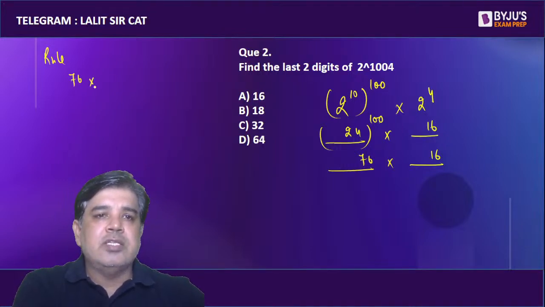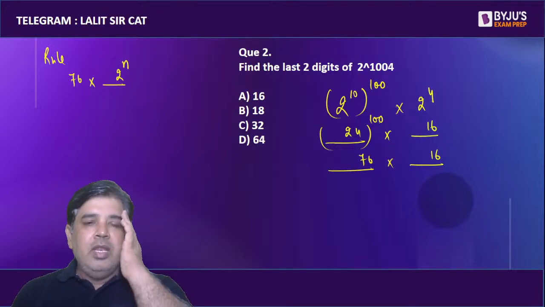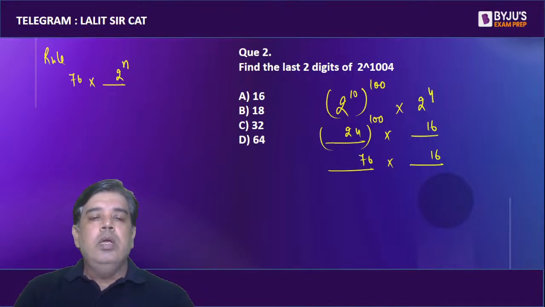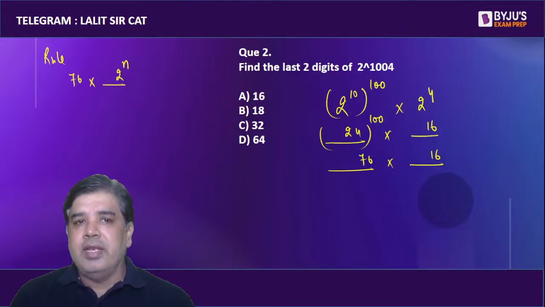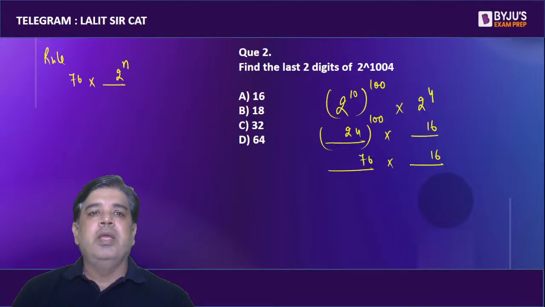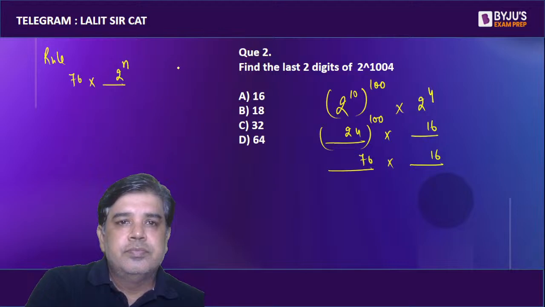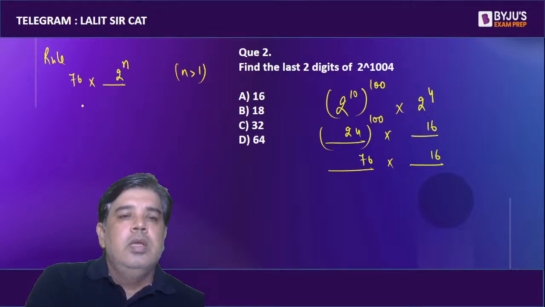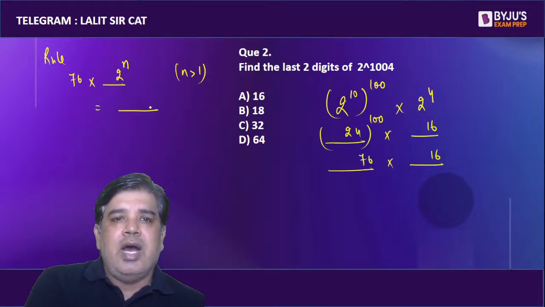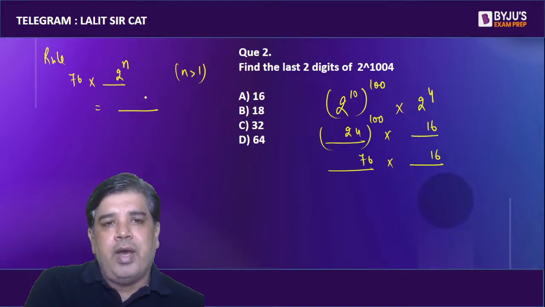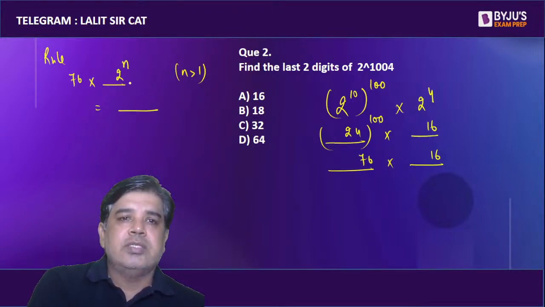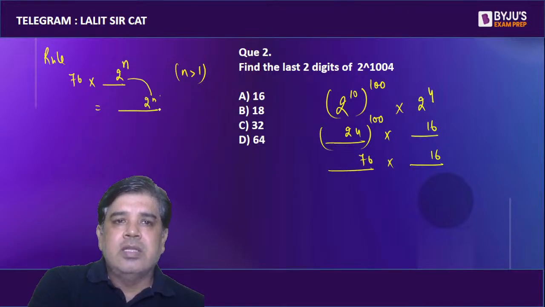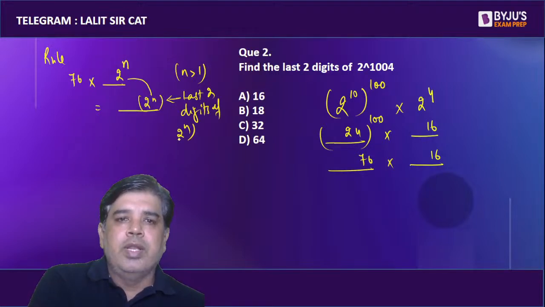When 76 is multiplied by 2 raised to power n, where n should be greater than 1, then the last two digits are the same as the last two digits of 2 raised to power n.